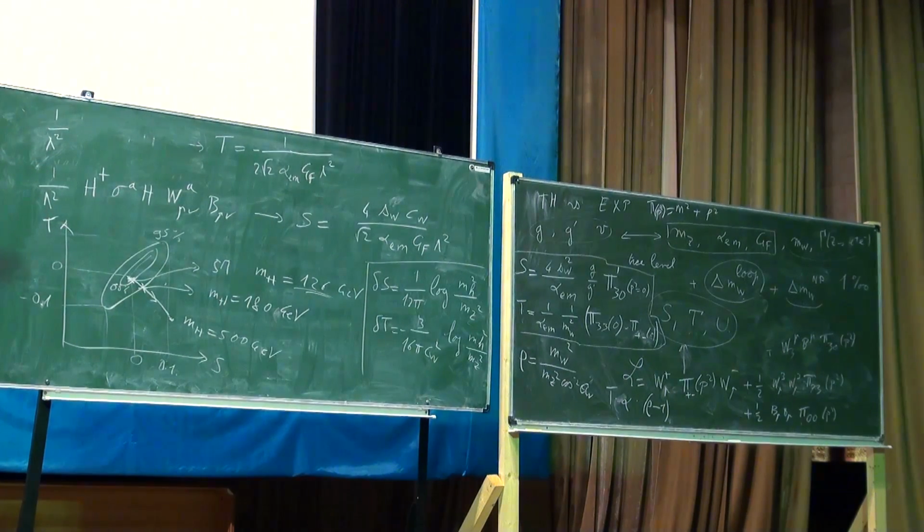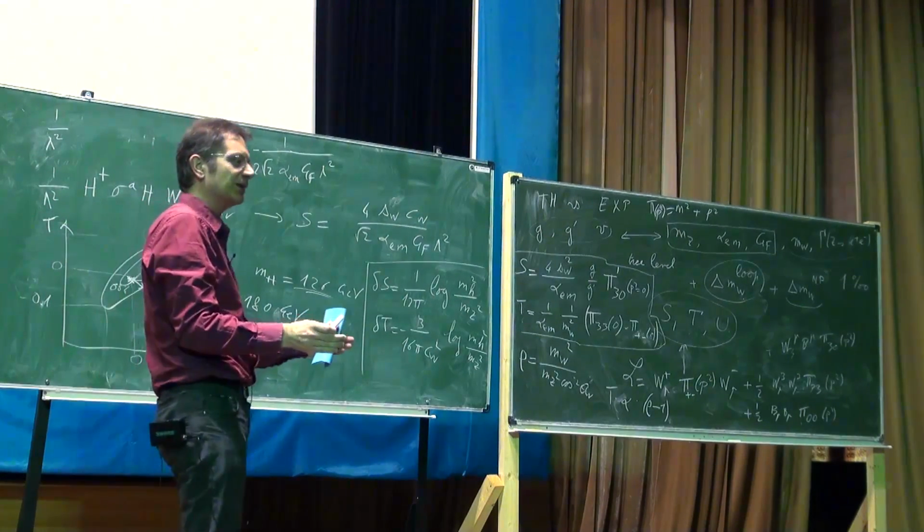But that's the next step. The next step will be to look at the UV completion: what are the new degrees of freedom that give rise to these higher dimensional operators when they are integrated out? For the moment, we have a very pragmatic approach.